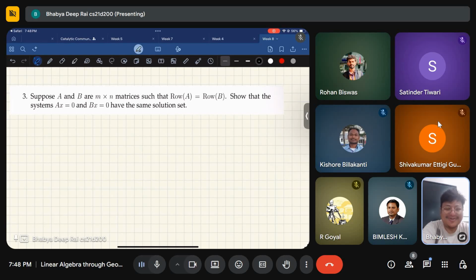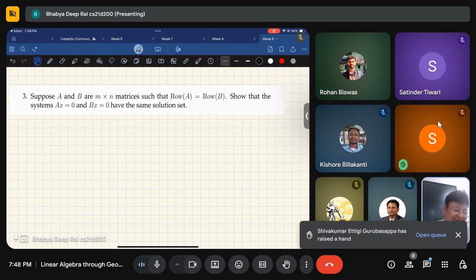Good. Is there an alternate way to do it? Can you think of one? That is right. You are analyzing the. Yeah. From this question, it appears that B is equal to A transpose. Is it right? From this question, B is equal to A transpose.